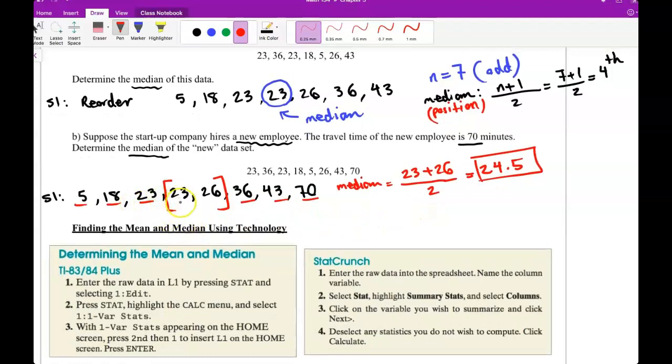And the position of that one is between. So our median lies in this part here, between 23 and 26. So it's the places 4th and 5th place. Now here is the position.